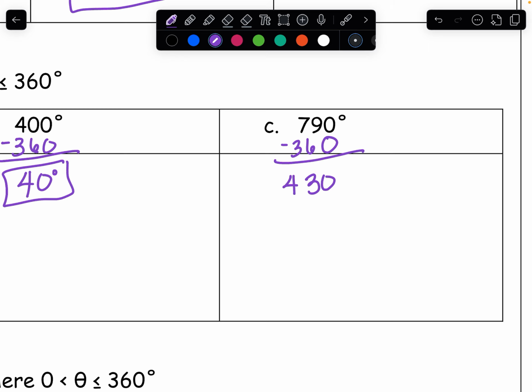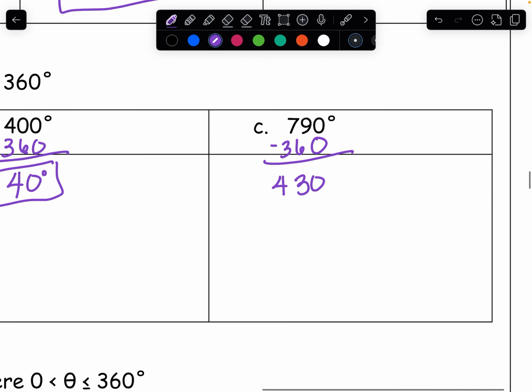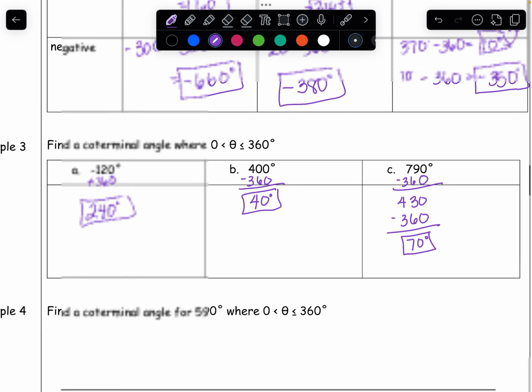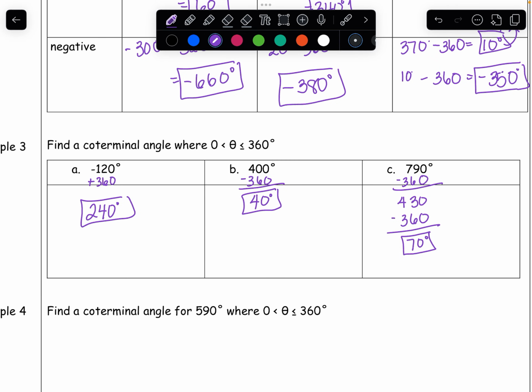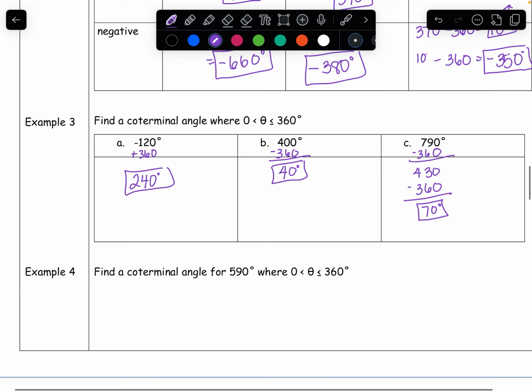Well, that's still not between 0 and 360, so we have to do one more to get 70 degrees as our final coterminal angle between 0 and 360 degrees. So for example 4, I want you to do this on your own, and we will go over this one in class. So have number 4 done.